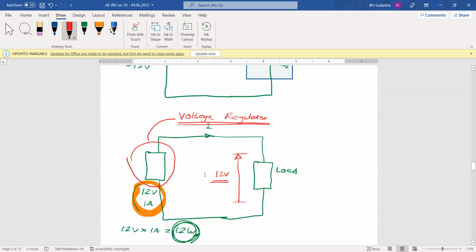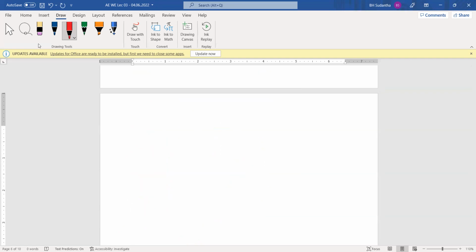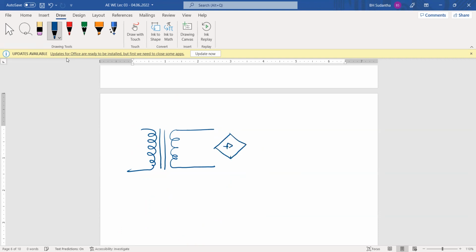This will be much more comprehensive if I draw your previous diagram again. You may remember that you have a transformer here. And here we have a diode bridge. And the bridge is connected to this one.